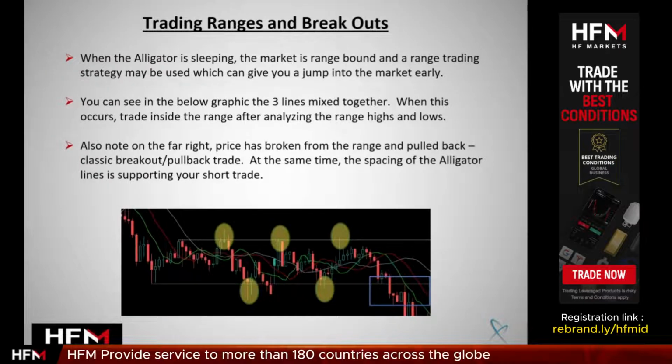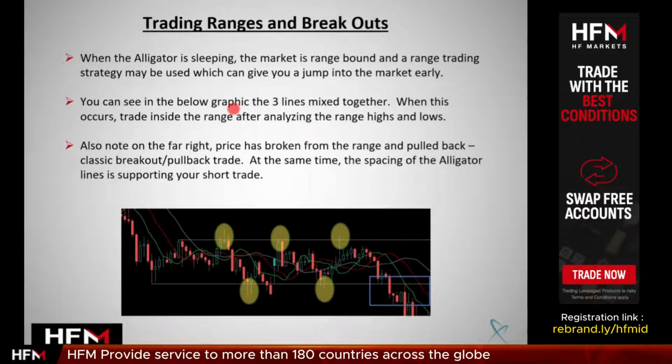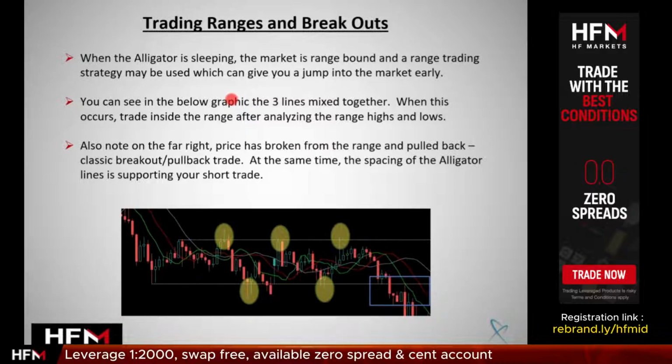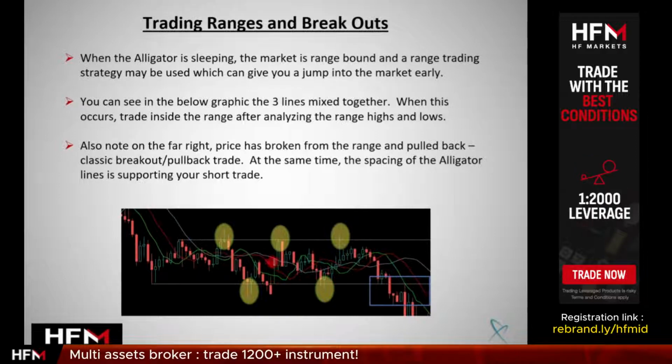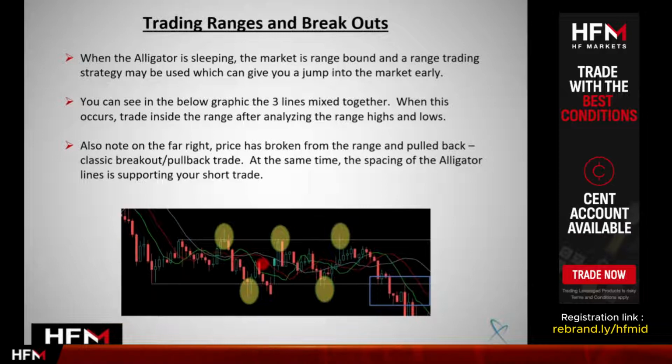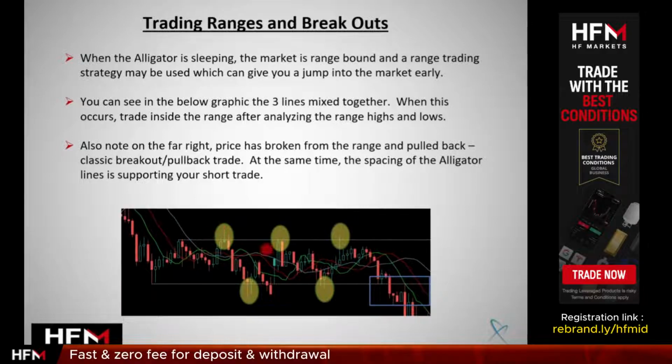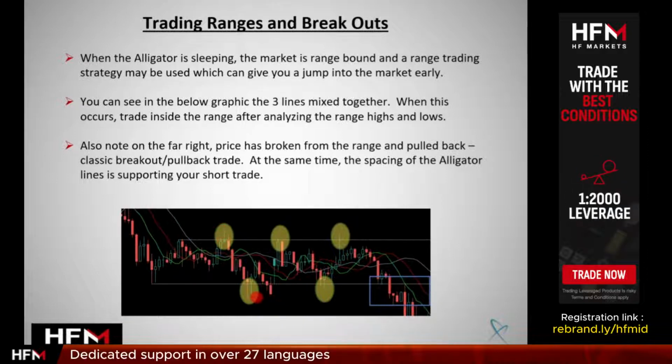Now, one more approach you can take towards trading the alligator indicator. If you have the alligator lines intertwined really heavily with each other, then you can establish the range that the market is trading in at the moment. For example, here you have the lines heavily intertwined.